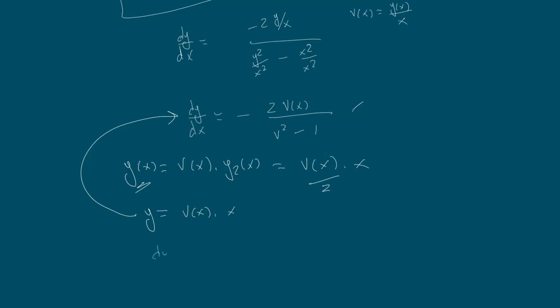Okay, so let's do it. The derivative of y with respect to x is the derivative of v with respect to x multiplied by x plus v of x multiplied by 1.